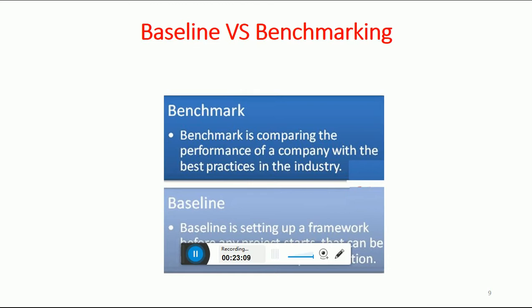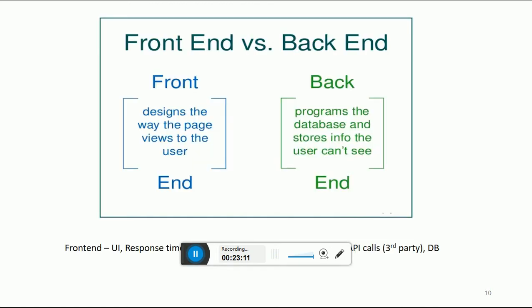And look at what the difference is between front end and back end, and what kind of issues or defects we normally notice from the front end and back end.